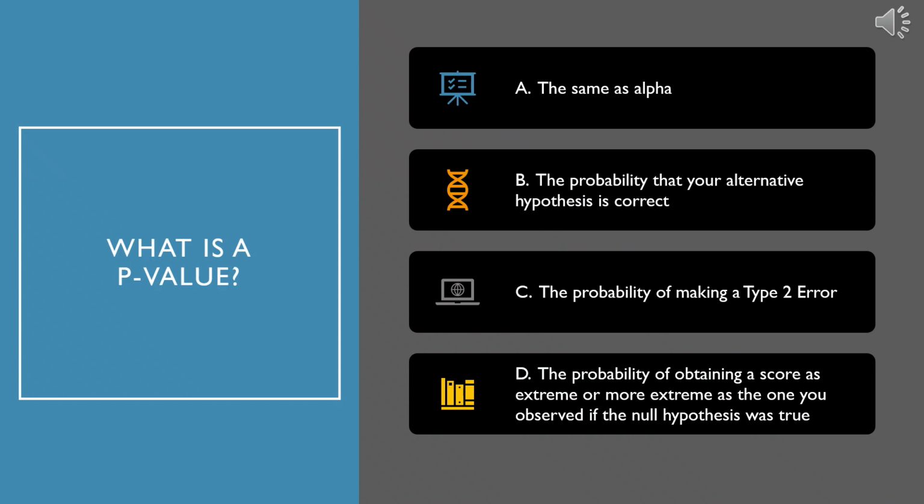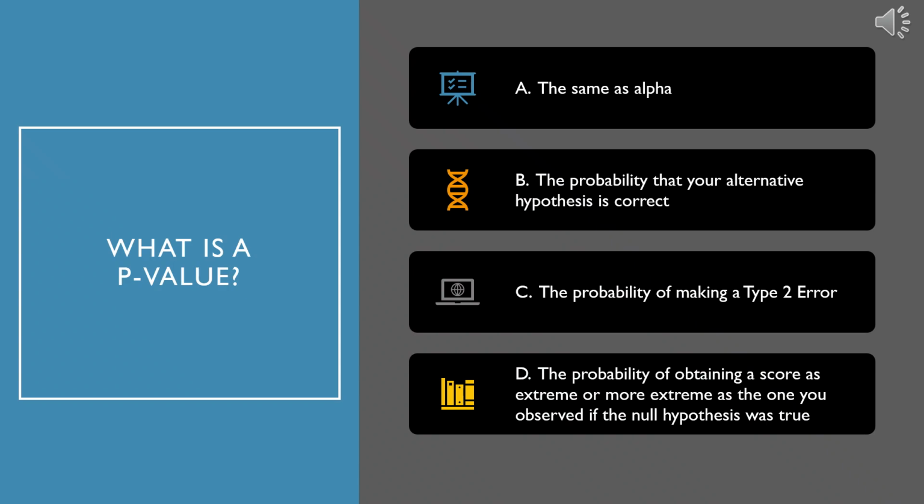It's not the same thing as alpha, although we set alpha to a probability level of 0.05. What we're interested in finding is whether the p-value is going to be associated with either the slope of a regression line, or the correlation coefficient, or with finding a particular t value or a particular z value.